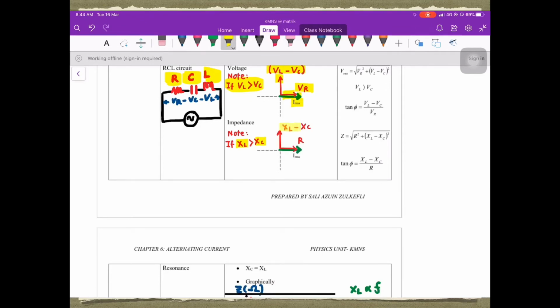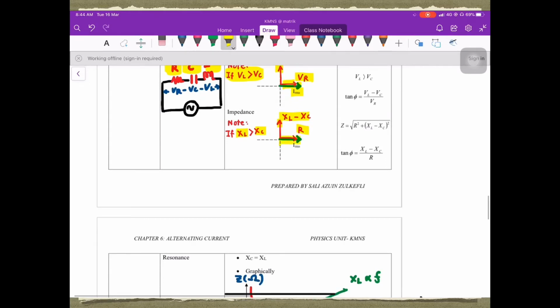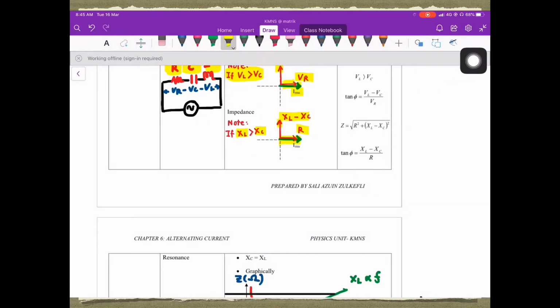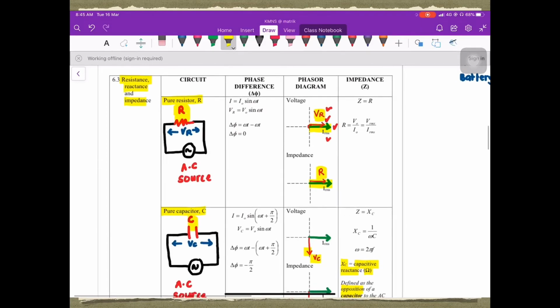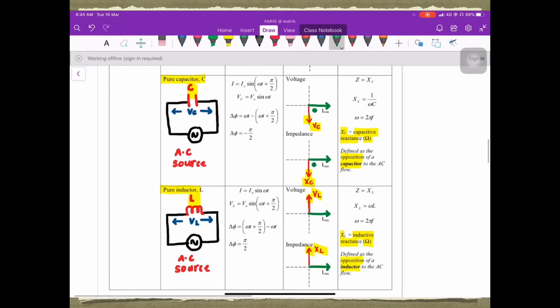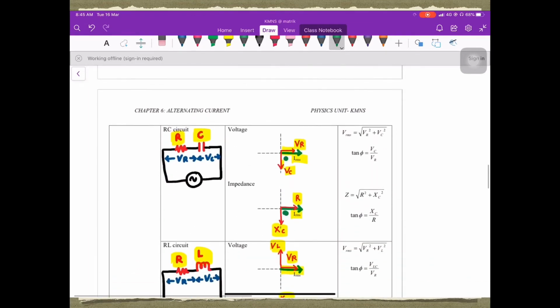So XL minus XC with arrow upward, resistor, and also IRMS. Next, the location of IRMS remains at this position, and this remains at this position, like this.